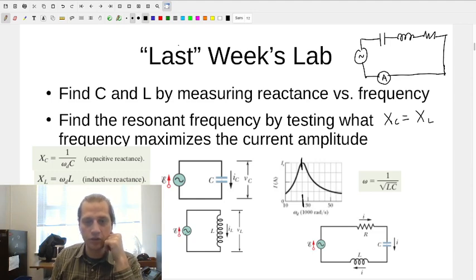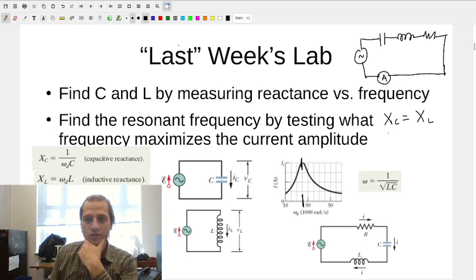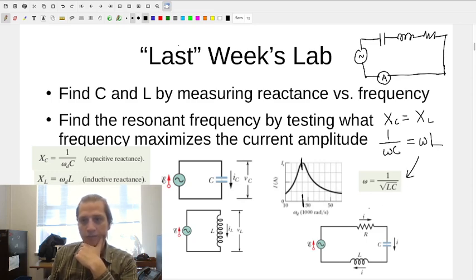If you just have this function generator and an inductor, the current gets smaller as the frequency goes up. And so the resonance is sort of where those two meet one another. If you set them equal to each other, 1 over omega C equals omega times L, you can find the angular frequency where that's a maximum. So we did that in lab.